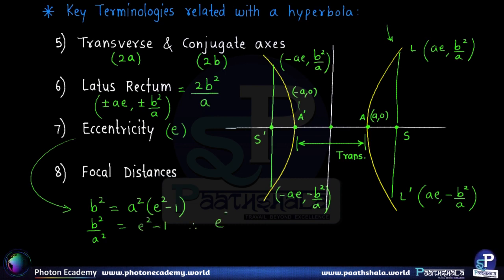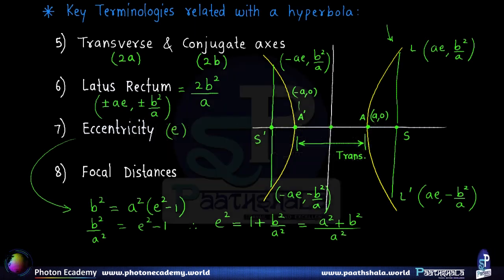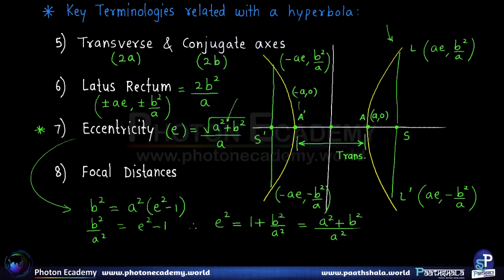That gives us e square is equal to 1 plus b square upon a square, that is a square plus b square upon a square, and finally taking the square roots on both sides, we get the eccentricity equal to root of a square plus b square upon a. Here there is definitely a difference in the expression, because in case of ellipse it had a minus sign inside the square root.